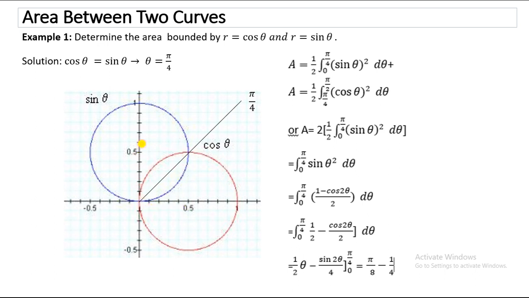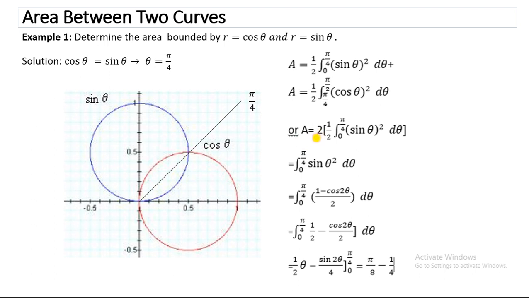This equals this. Therefore, I want to find this area and multiply by 2, because this area equals this area.